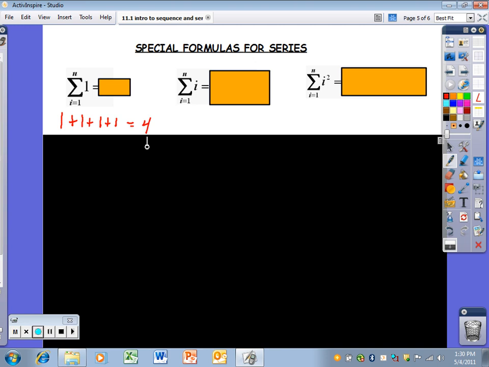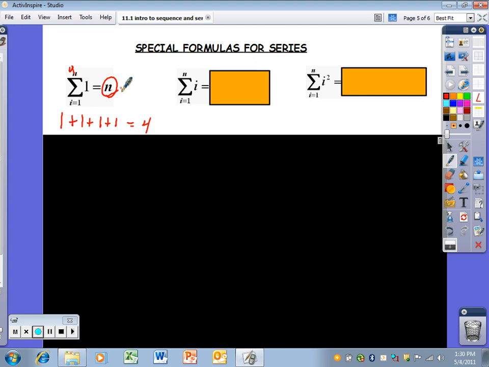So my sum is automatically the same as my upper limit. The sum of 4 1s would be 4. If I went from 1 to 20, the sum of 20 1s would be 20. So all it's saying is whenever you add up 1s, it's going to be equivalent to your upper limit. Okay?